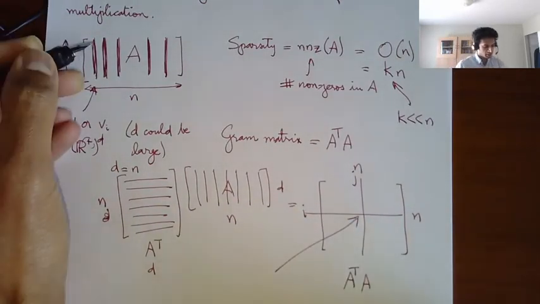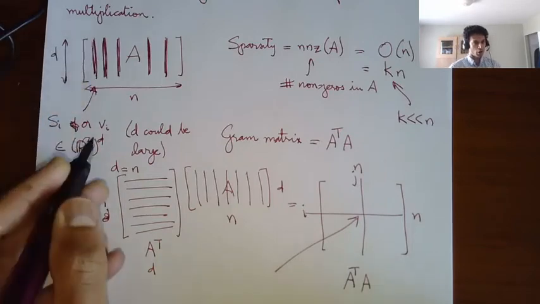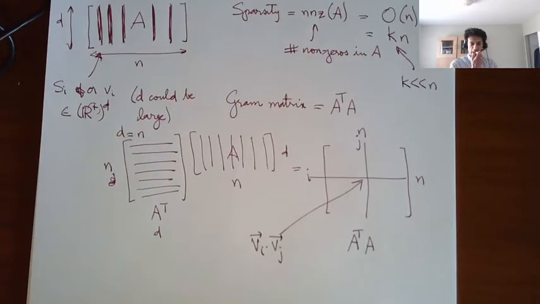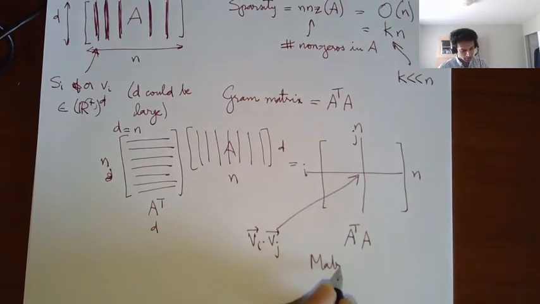Let's refer to these column vectors as v_i. What is the ijth entry of the Gram matrix? Exactly, it's just v_i dot v_j. So the Gram matrix is the matrix of dot products.